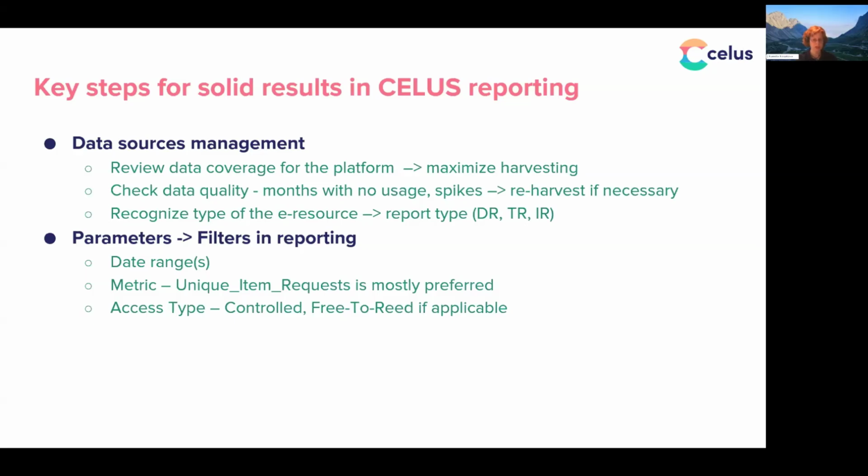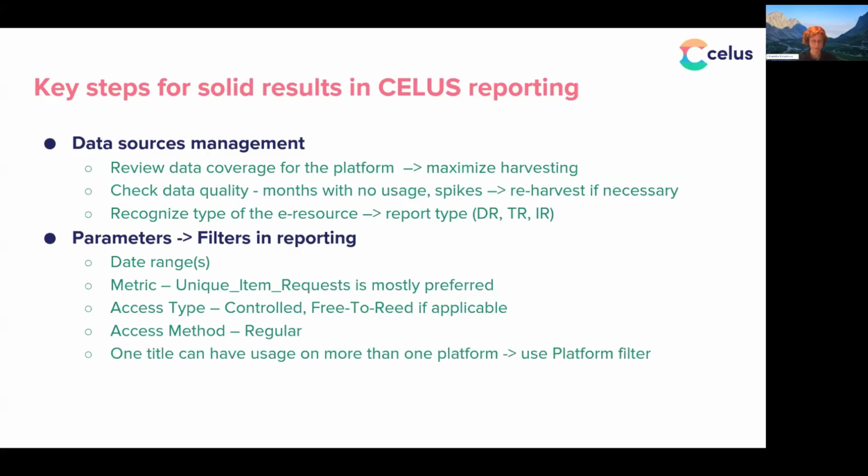And also it is important to think about access type, if it should be controlled or also free to read. It is up to you to decide and set it up in the reporting. And usually preferred is access method regular, excluding the TDM access method, but it's also up to you how you define your relevant usage data.